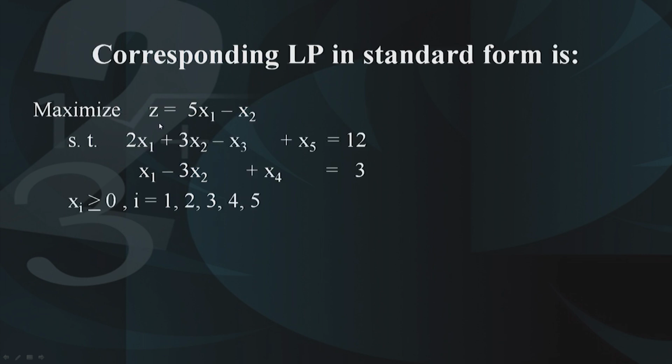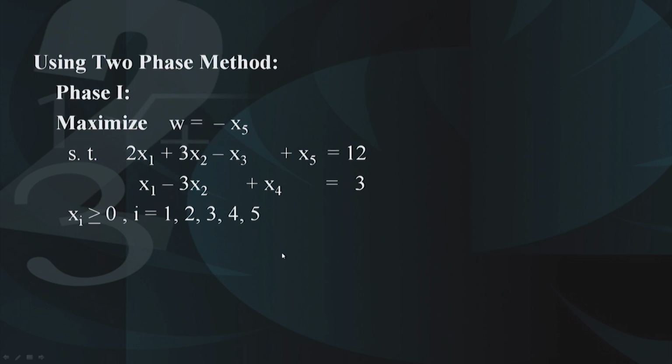The problem in the standard form looks like this: maximization of 5x1 minus x2 subject to twice x1 plus 3x2 minus x3 plus x5 is equal to 12, and the second constraint becomes x1 minus 3x2 plus x4 is equal to 3.